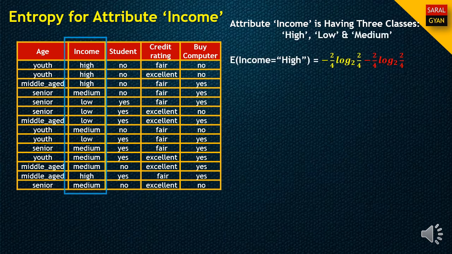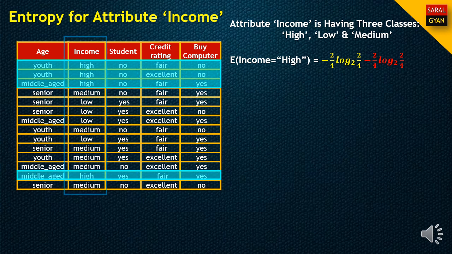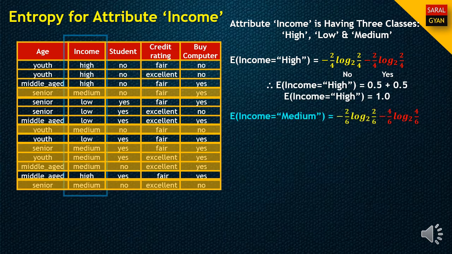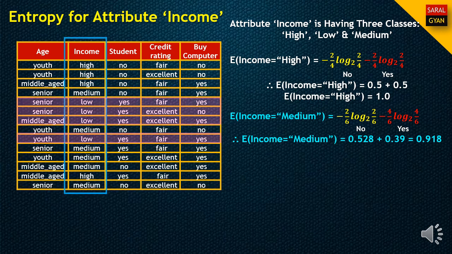When income is equal to high, there are 4 possible tuples where the buys-computer attribute has 2 no's and 2 yes, so equal, hence the entropy is maximum, that is 1. In the same way, when income equals medium, there are 6 entries, out of which 2 no and 4 yes. So the entropy for this class is 0.918.